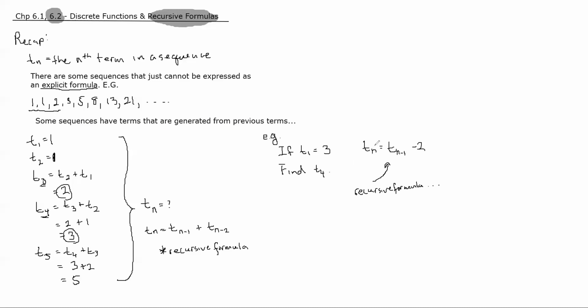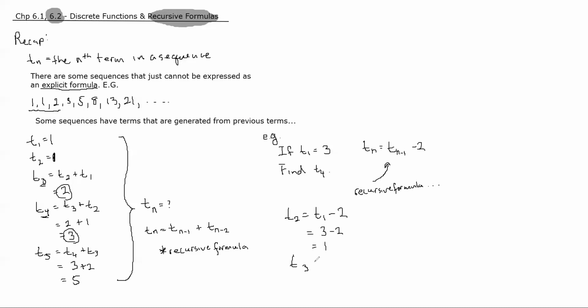And if I want T3, I need T2. And if I want T2, I need T1. Hey, T1's given. Are you ready for this? Let's start. T2 is equal to T1 minus 2, which is 3 minus 2. That's a 1. Great.